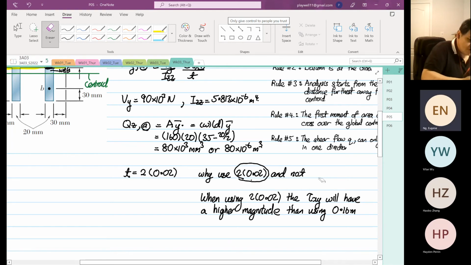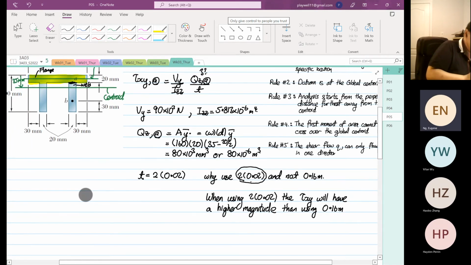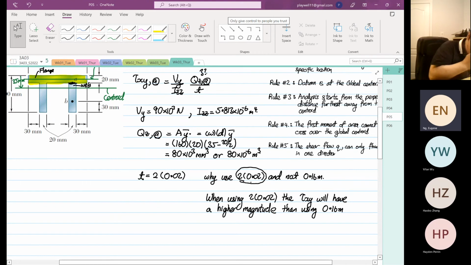So you always calculate the stress that has the highest value. You don't determine the lower value. Pointless, right?